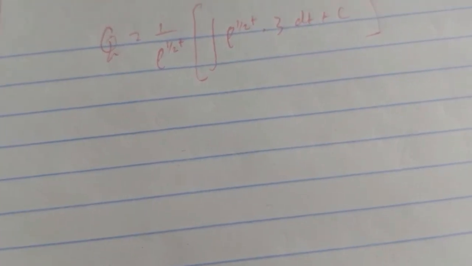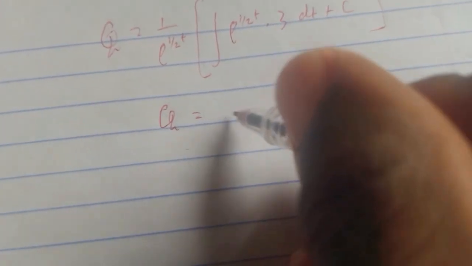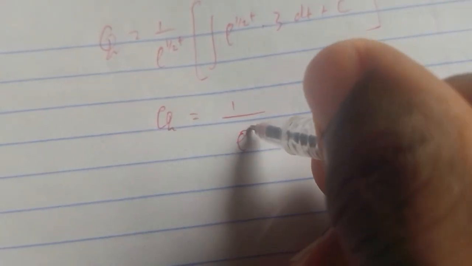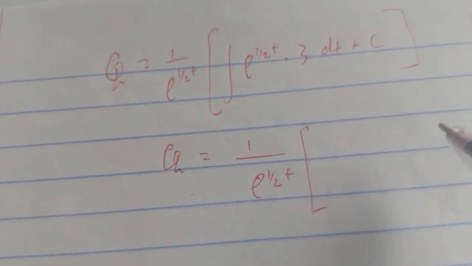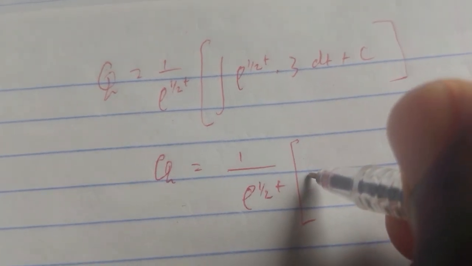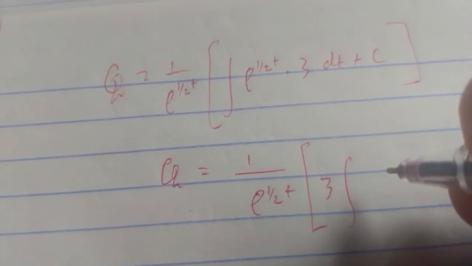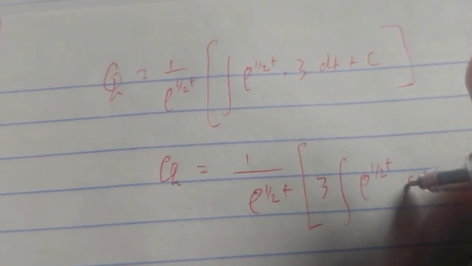Just watch that video, you're going to understand how we got this formula. Let's take our 3 out. We want to integrate our exponential 1 over 2t dt.